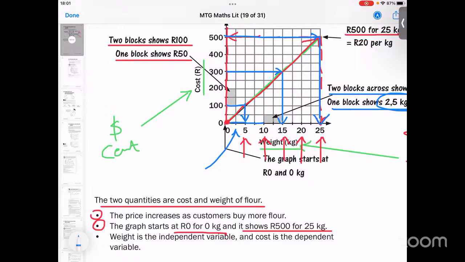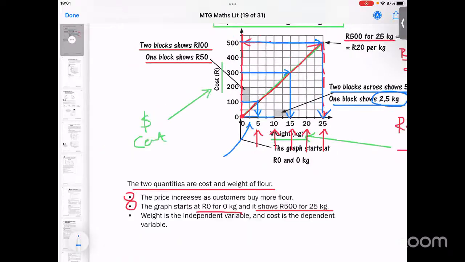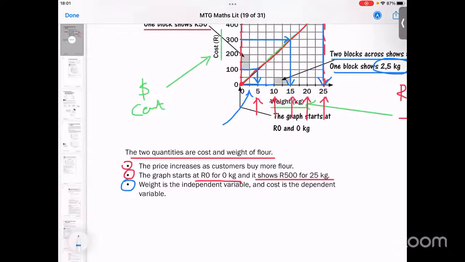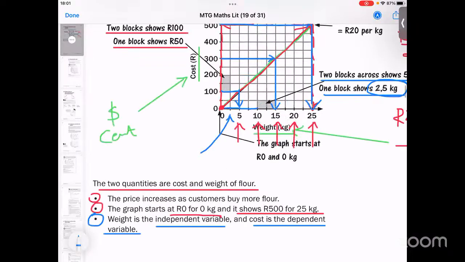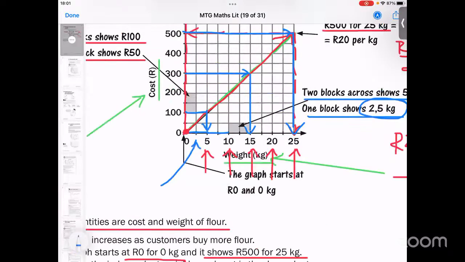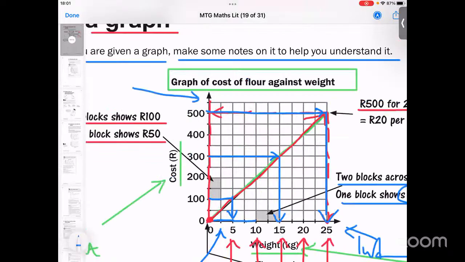Okay, then it's fine. So here, weight is the independent variable, then cost is the dependent variable. So most of these, the x-axis is the independent variable, then the y-axis becomes the dependent variable.